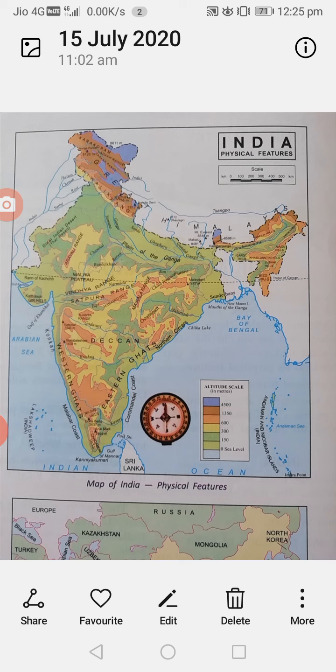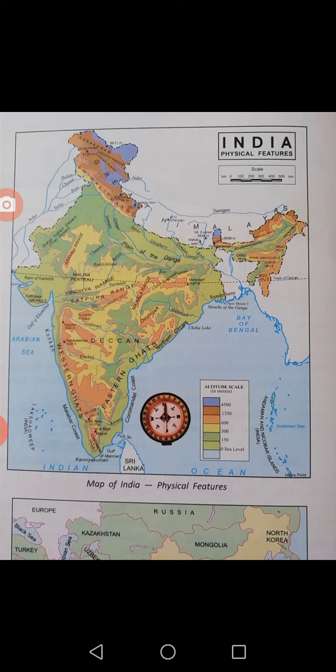The Tropic of Cancer passes through the middle of India. In the middle of India, the Tropic of Cancer line is passing through. That is visible in the slide. See, from Gujarat it goes towards the east side.